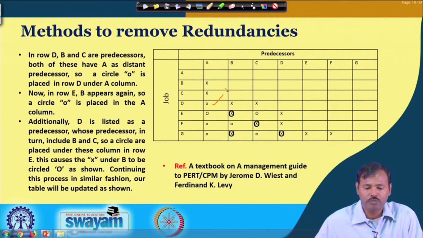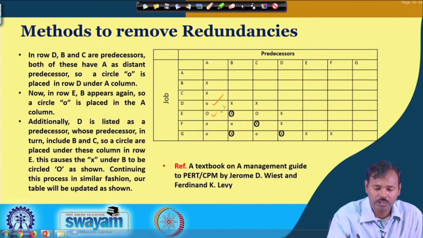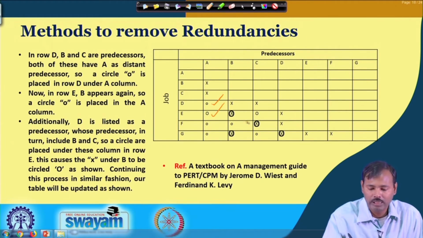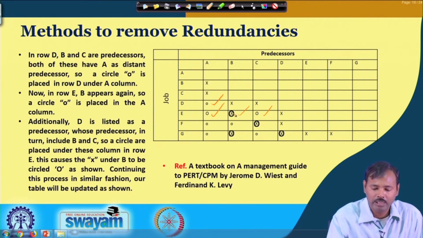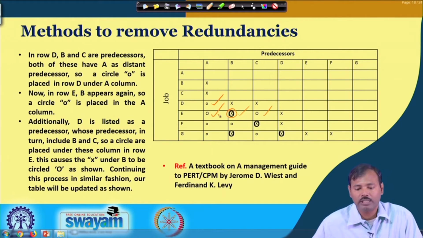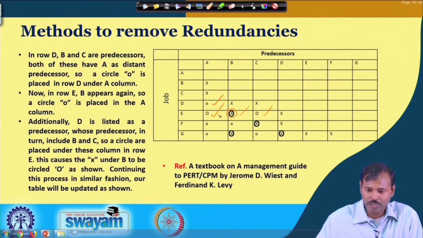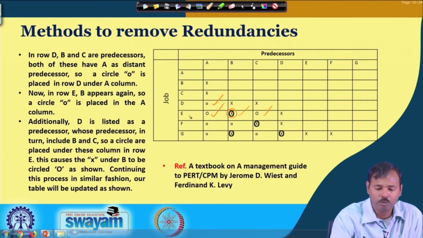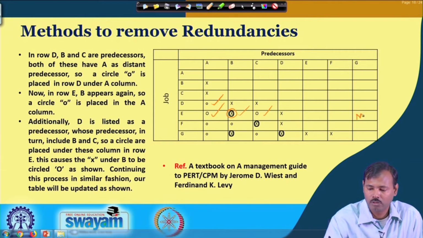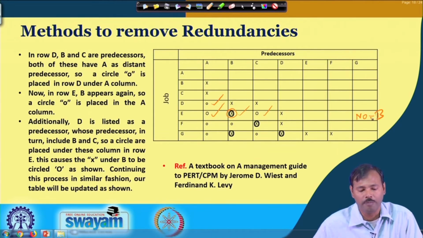When we are placing it for E, we have found the distant predecessors A, B and C are mentioned, and you can see B at this point is mentioned as both immediate and distant predecessor. So, as in the previous table we carried out, this B can be removed as the immediate predecessor from job E.